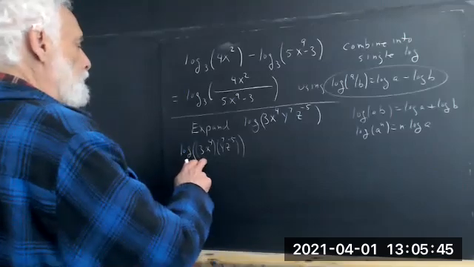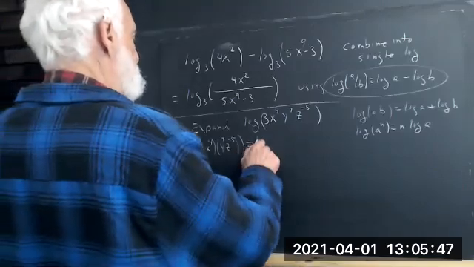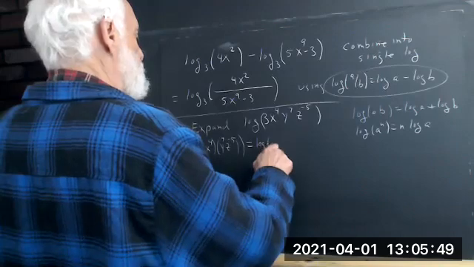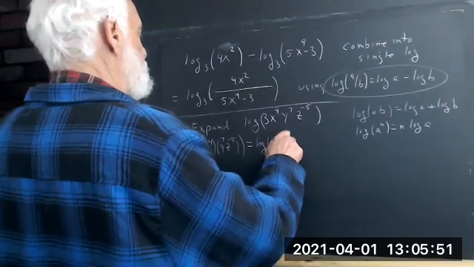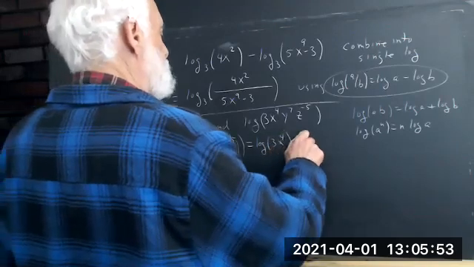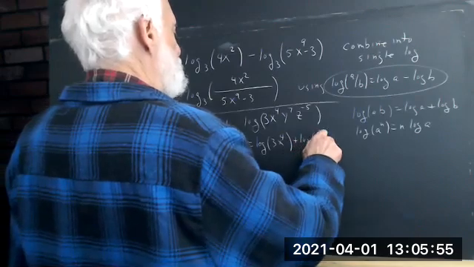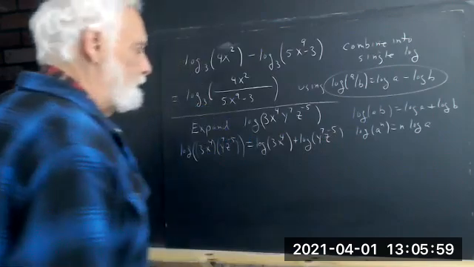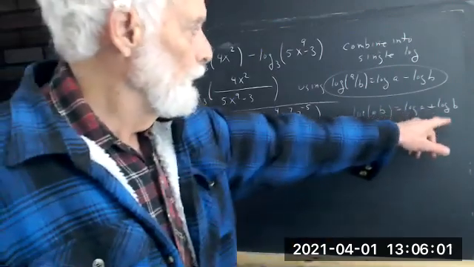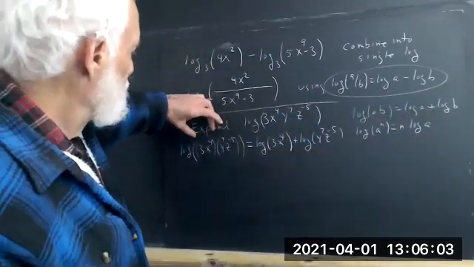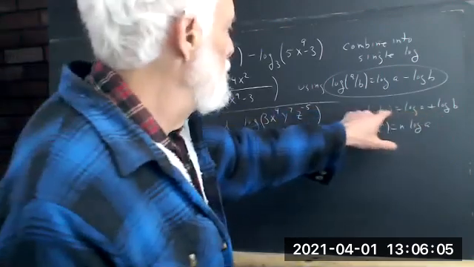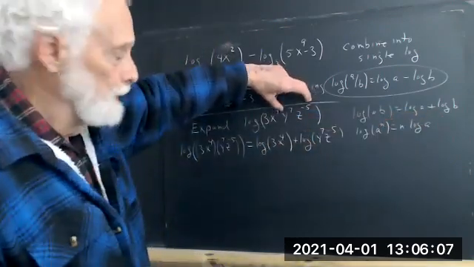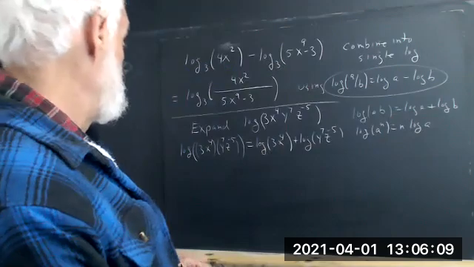We see that the log of this times this is the log of 3x to the fourth plus the log of y to the seventh z to the negative fifth. Just using this rule where A is your 3x to the fourth and B is your y to the seventh, z to the negative fifth.